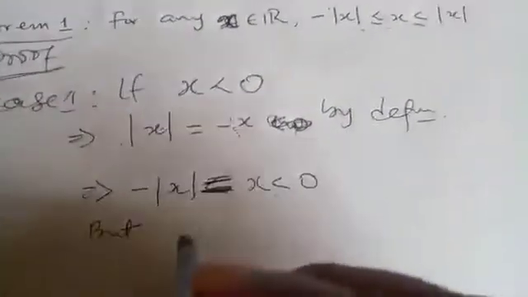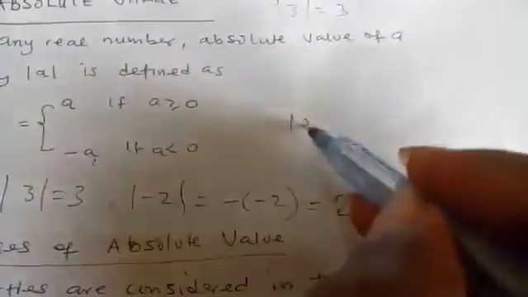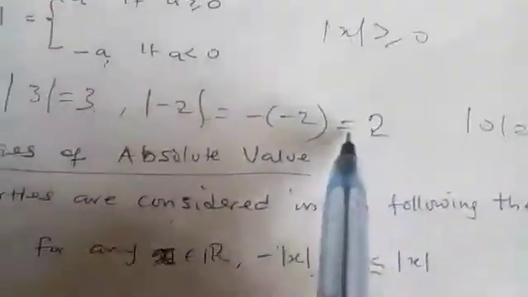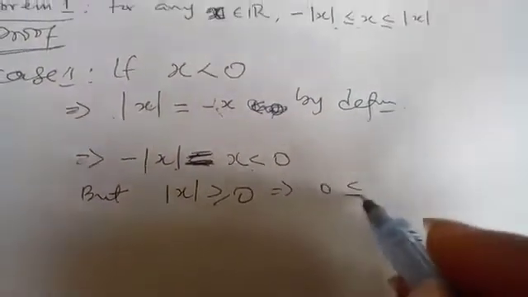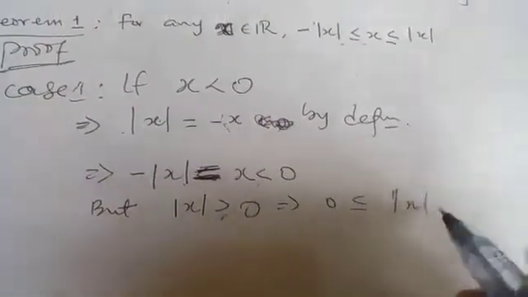Also, we know that the absolute value of x will be greater than or equal to 0, as we have said in our definition, that the absolute value of a is non-negative. That is, you can see our answers here, 3 or 2. So in that case, 0 is less than or equal to the absolute value of x.